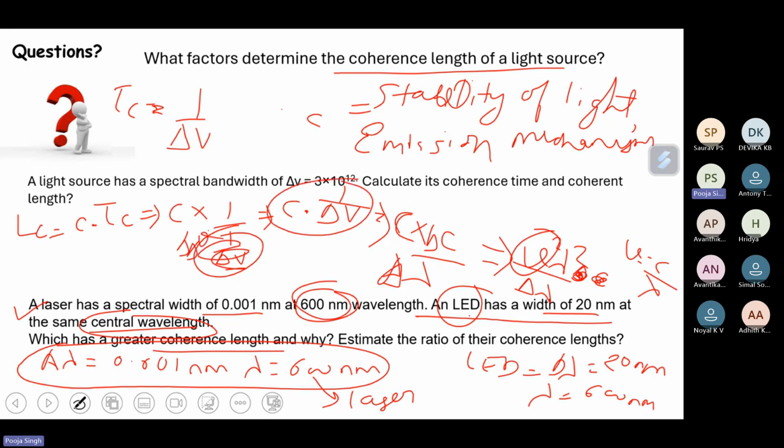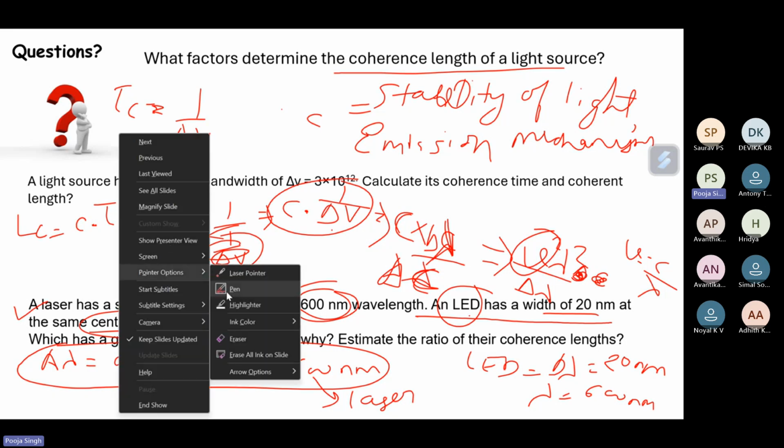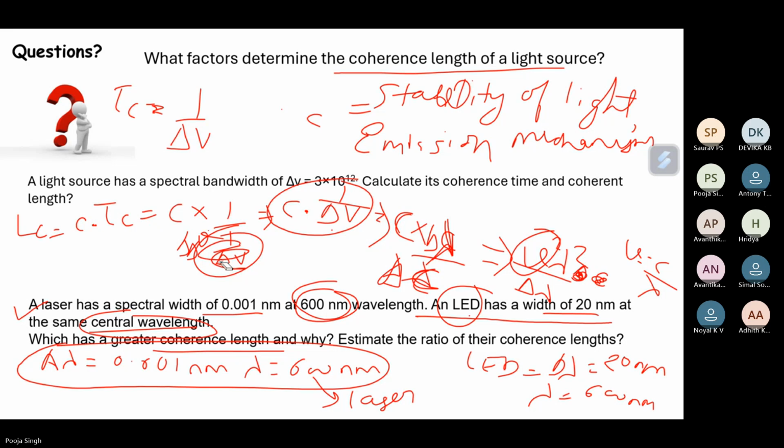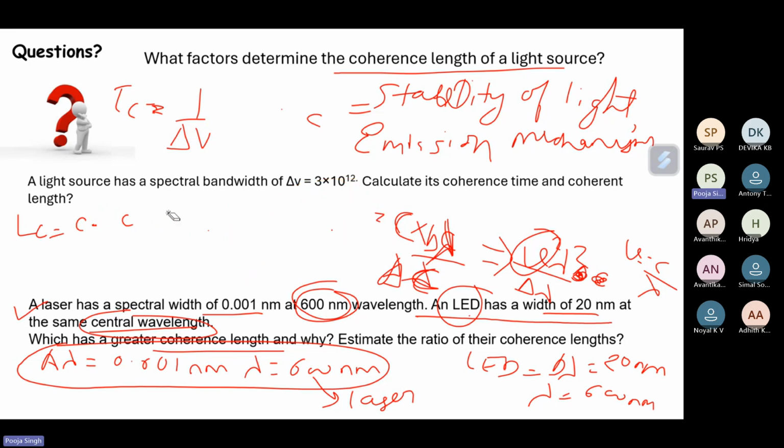Yes, sorry, so delta lambda, it is fine. Now nu is equal to C by lambda, so C will be here and delta lambda will be above, right? Okay, let me erase this. Thank you for reminding me. I was just thinking something else.